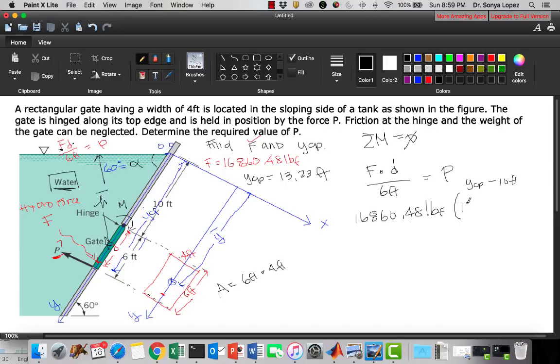YCP is 13.23 minus 10 feet divided by 6 feet. And that's going to be the force P. So the answer for the force acting at the bottom of the gate is going to be 9,076.3 pound force.